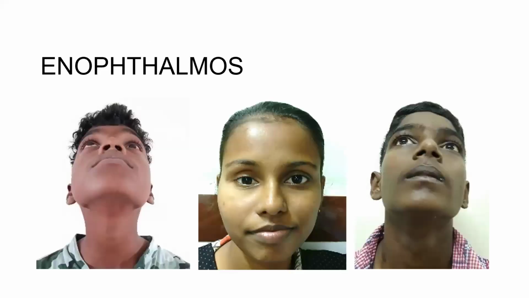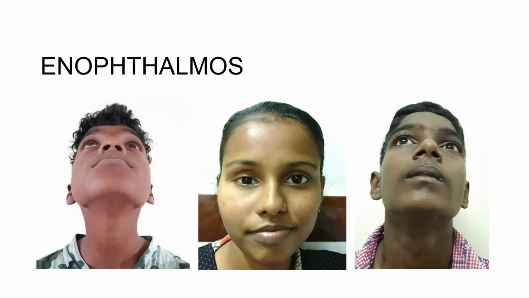Here I have shown a few cases of enophthalmos. Enophthalmos is the position of the globe going backward. When there is an increase in the orbital volume, especially on the posterior side, the eye moves backward. In simple terms, this is called enophthalmos.